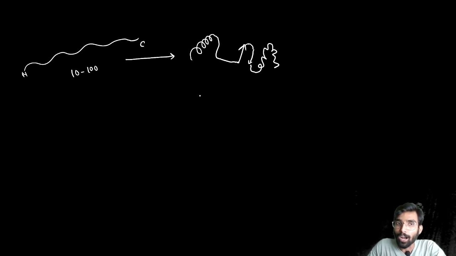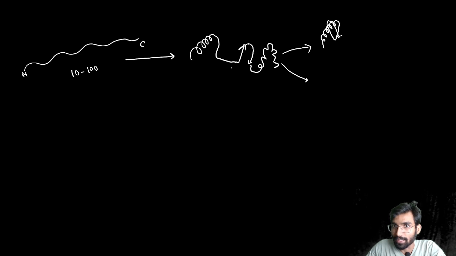But how do you define, after secondary structure, which shape your molecule is going to take? It can take multiple shapes because there is no such restriction, right? It can fold any way.